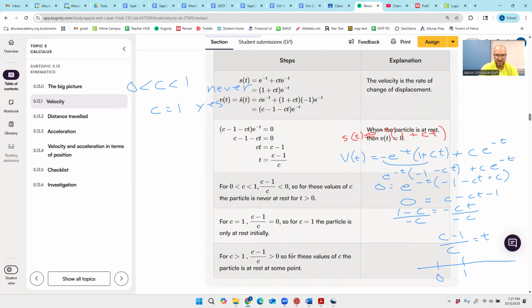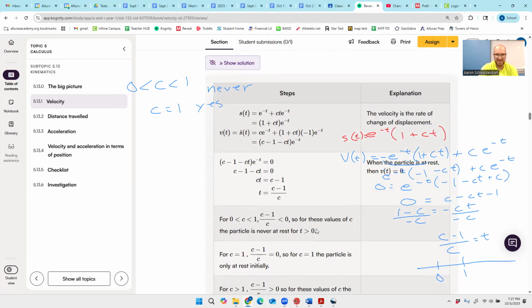So for these values of c, the particle is at rest at some point.